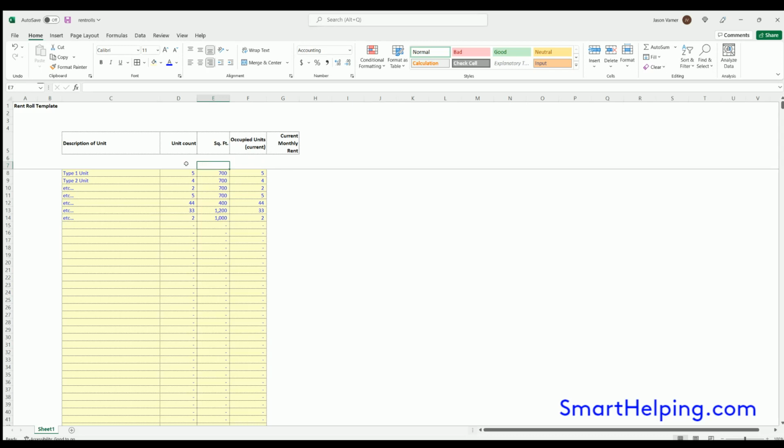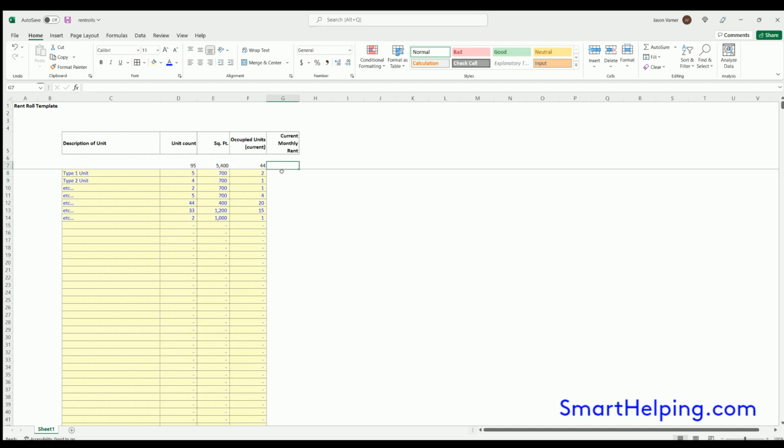Some other totals we're definitely going to want here are, let's see, I'll just put this at like 5,000. So unit count, total square feet, occupied units, and we could put just random numbers.